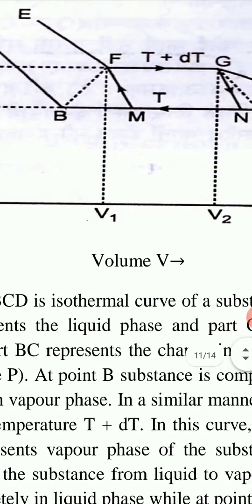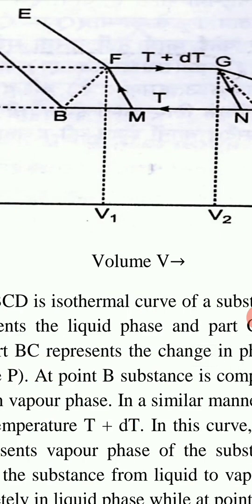We assume that at temperature T plus dT, latent heat is L plus dL, and at temperature T, latent heat is L. Latent heat is the heat absorbed by the substance when its state changes. From F to G, liquid state converts into gaseous state. At point F, substance is completely in liquid state and its state changes from F to G, and at G it is completely in gaseous state.